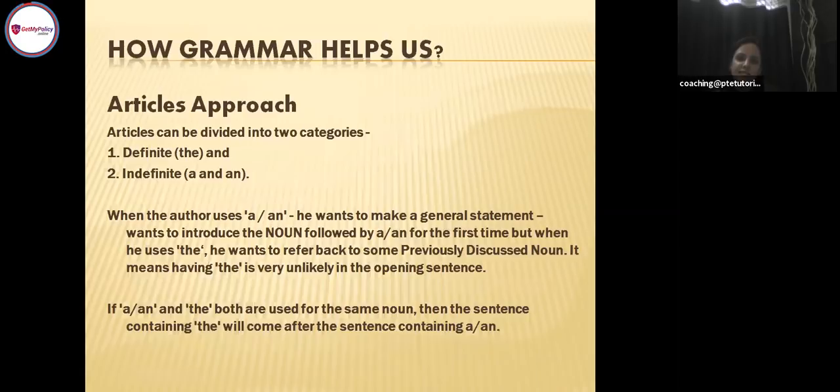First approach is the articles approach. 90% of the reorder paragraphs which we have to deal with in the PTE exam are arranged in such a way that some story is being started there. And when a story starts, we get cohesion.